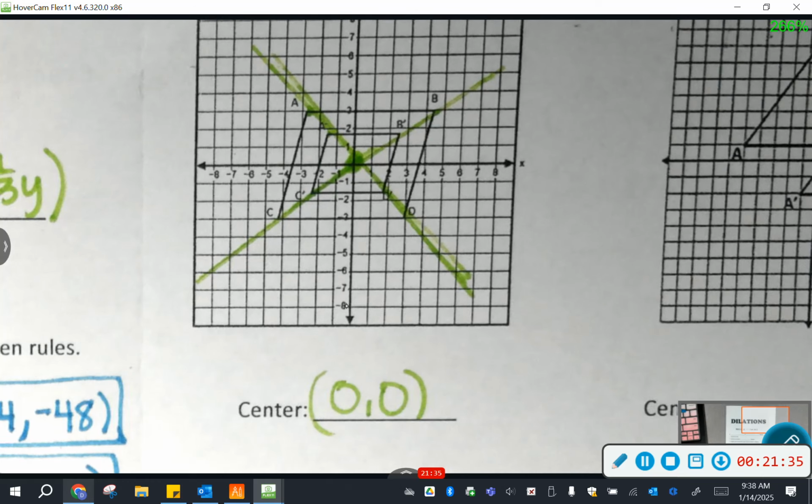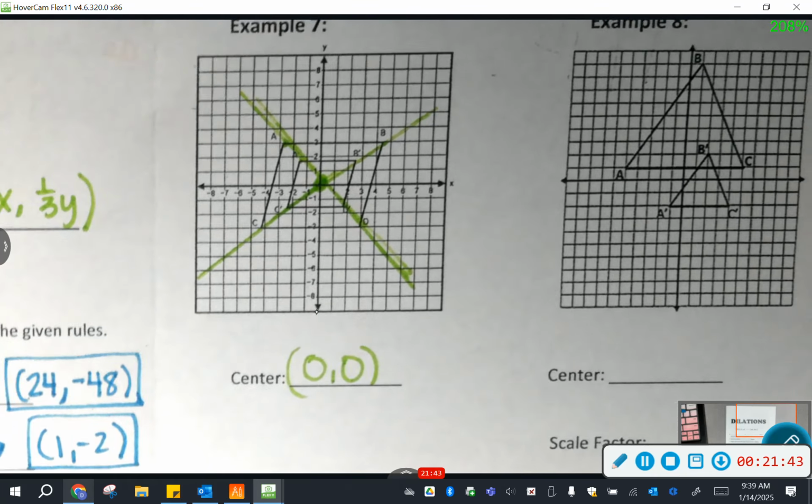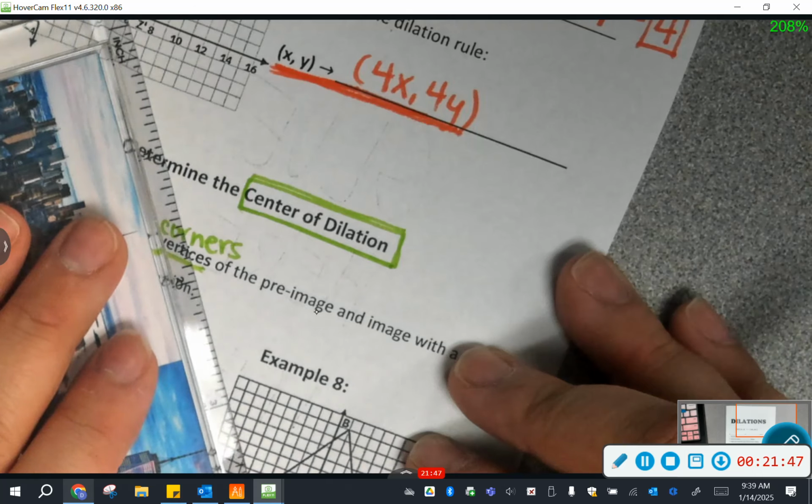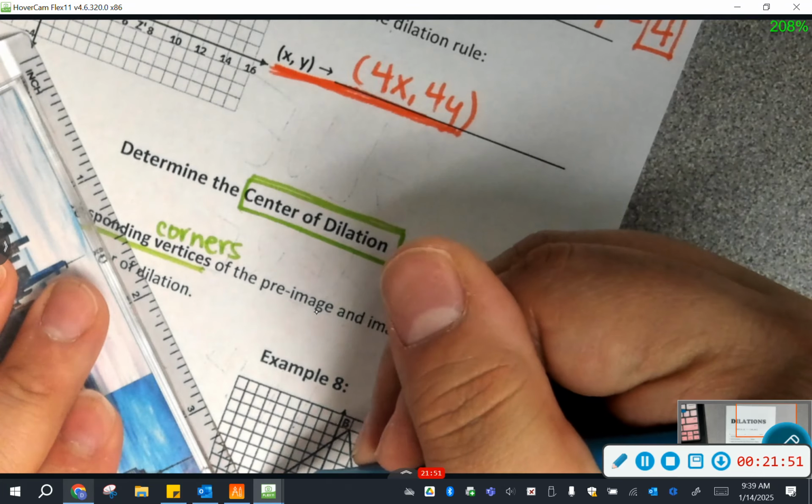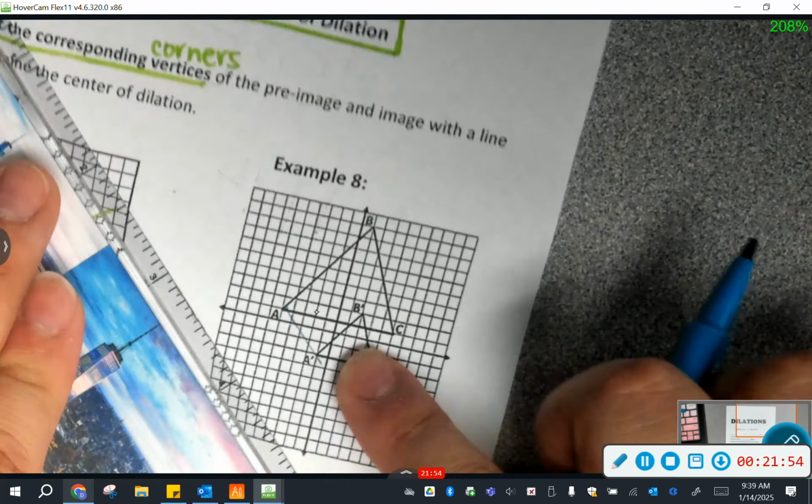I want you to do that now for 7 and 8. You want your line to be long enough. Don't just connect them and stop. You want your line to be long enough so that all 3 lines connect. So look right here. Don't just connect A to A like that.